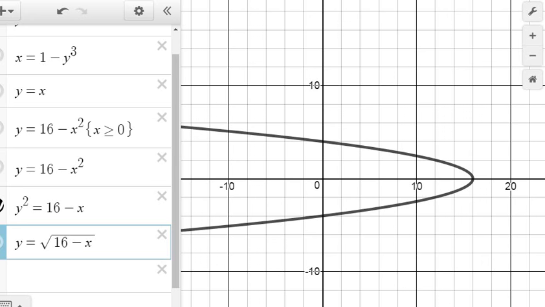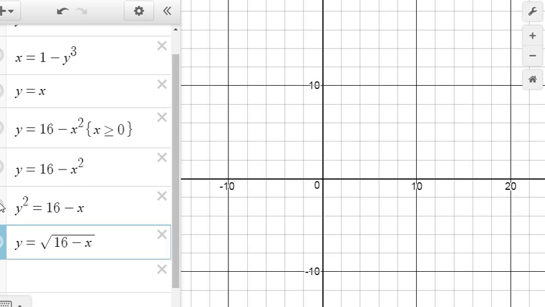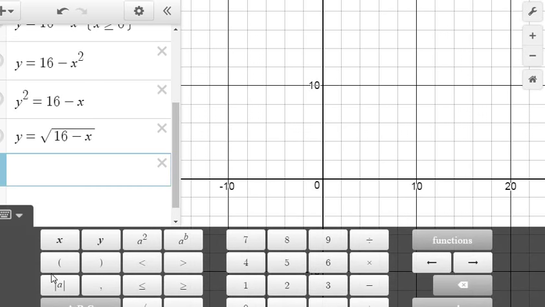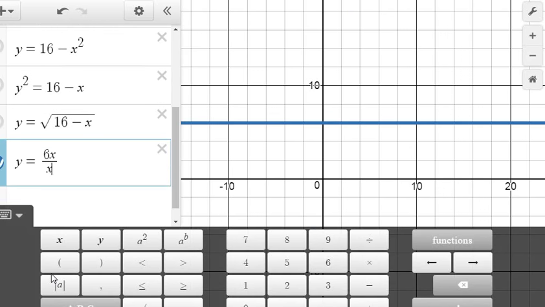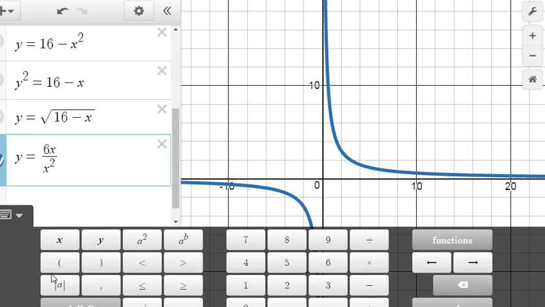Let's take a look at a problem like number 16. f of x would be 6x over x squared plus 4. So let me graph that on Desmos. So y equals 6x over x squared plus 4.